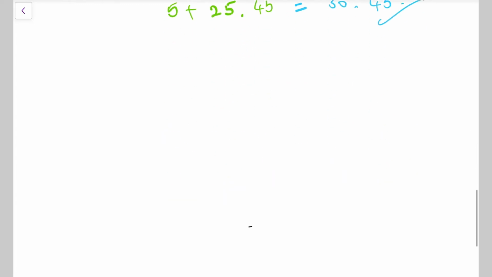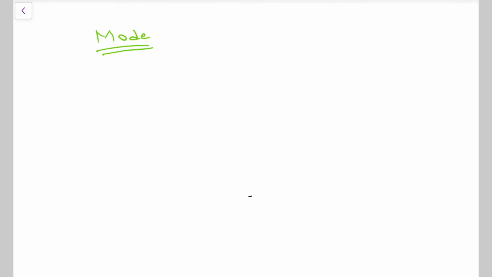Now let us find mode. First column class interval, then second column frequencies. Class intervals started from 0 to 10, right?